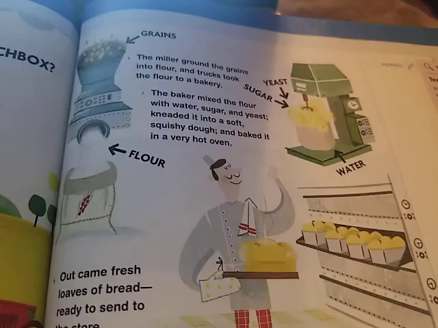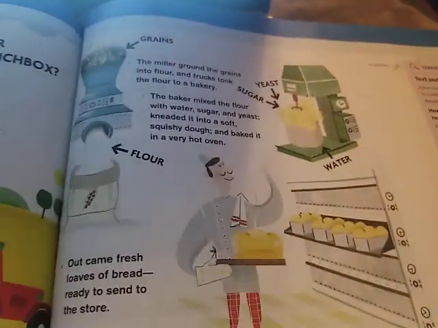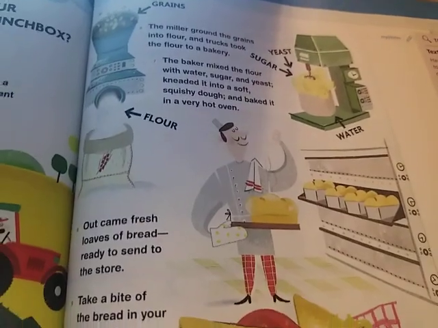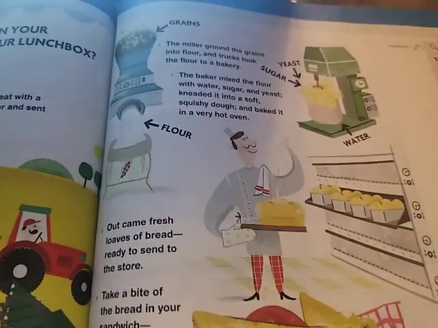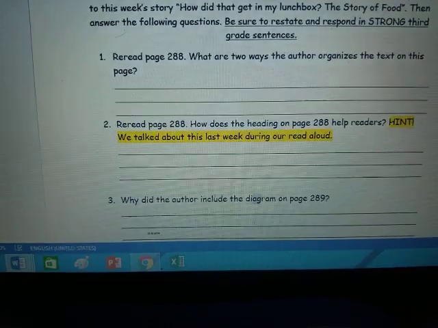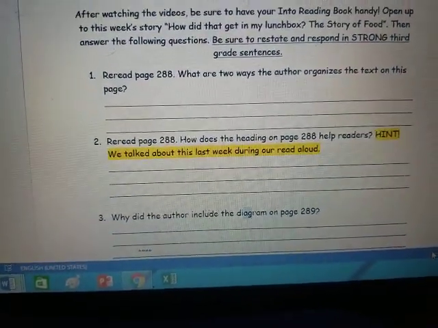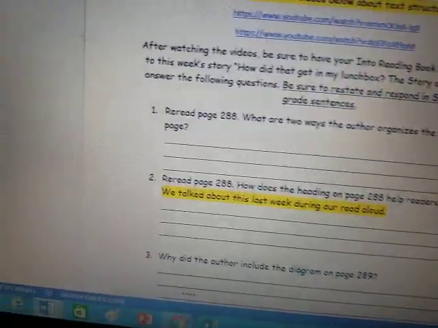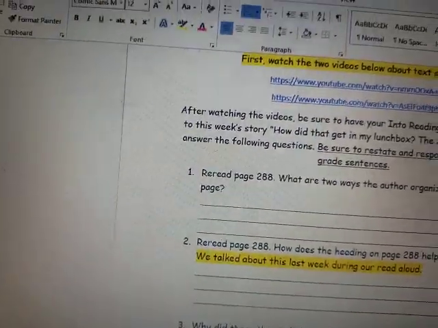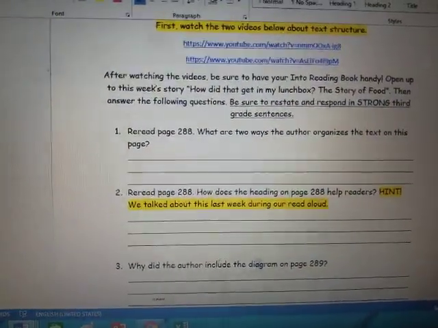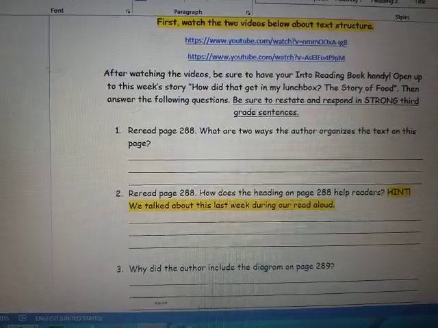Why do you think the author is using these pictures to tell you about this page? What's so important about that diagram, that picture? So you would write, the author included the diagram on page 289 because, and tell me why. And then when you're done, submit it. That's it. Bye, guys.